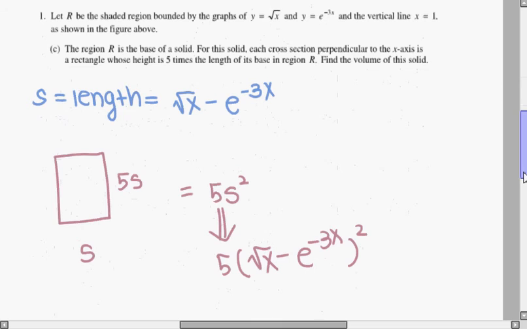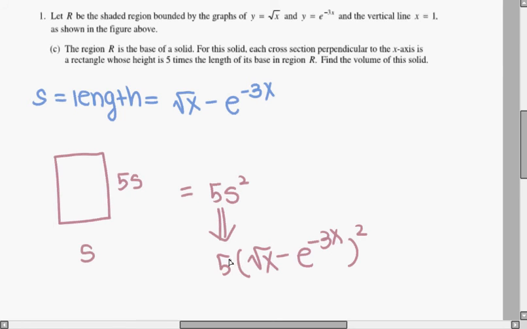So now next, let's consider the shape they give us. They tell us it's a rectangle whose height is 5 times the length of its base. Well, the base is our s, our side, which we found a couple seconds ago, and we know the height is 5 times s. So to find the area of this rectangle, it's going to be s times 5s, which is 5s squared.